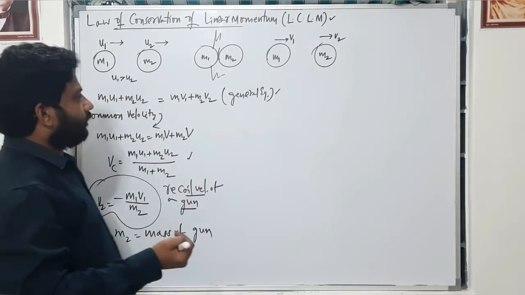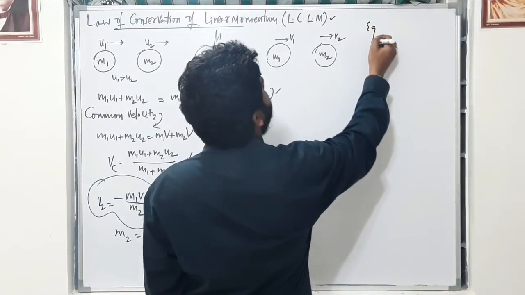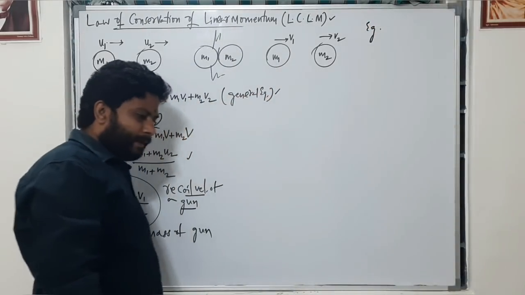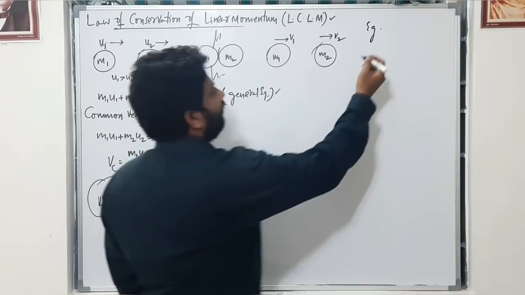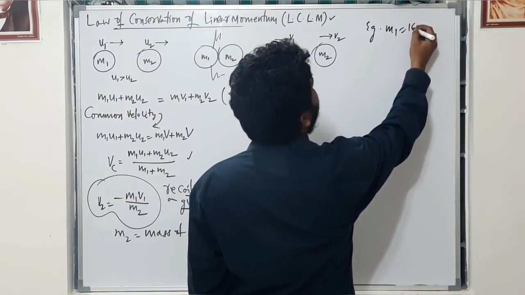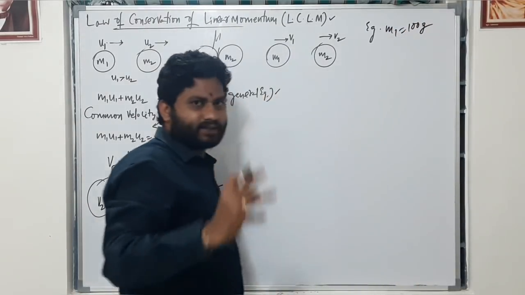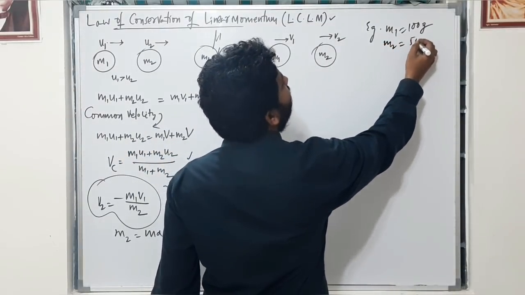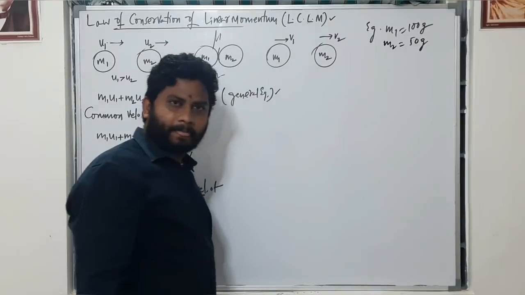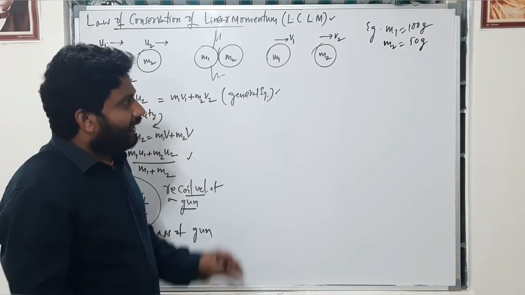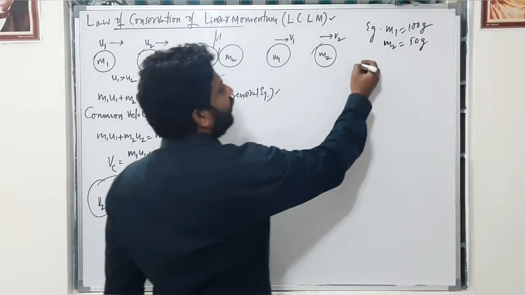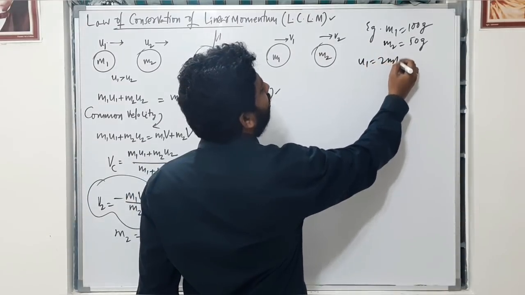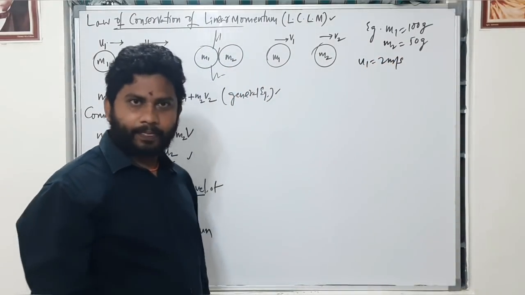Now, let me take the first example. There is a body of mass m1 taken as 100 grams. Commonly asked question, I'm telling you. Second mass, let's take 50 grams. Now, initially the first body is moving with a velocity of 2 meters per second.